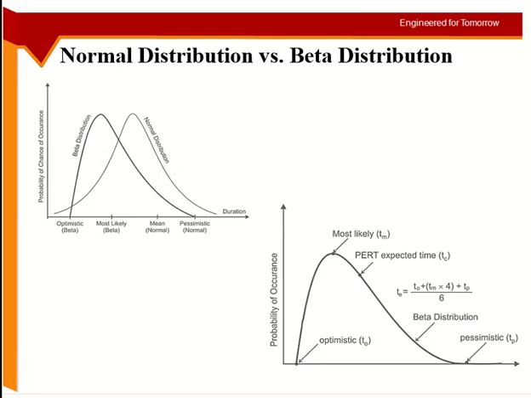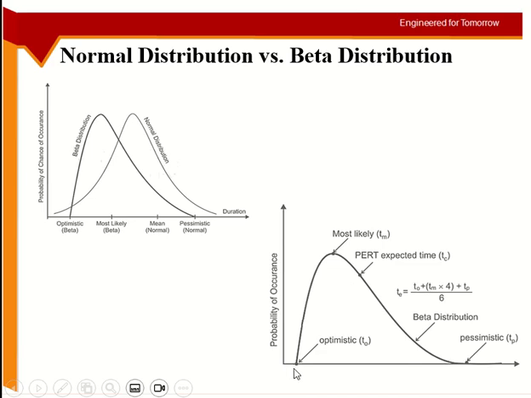In beta distribution the peak is somewhere near the start of the duration, somewhere near the lower duration. We call it the most likely time. Everybody is trying to achieve this much. Then there is an optimistic time as well, which is the absolute minimum duration of the activity. You cannot achieve this activity in less time than this.